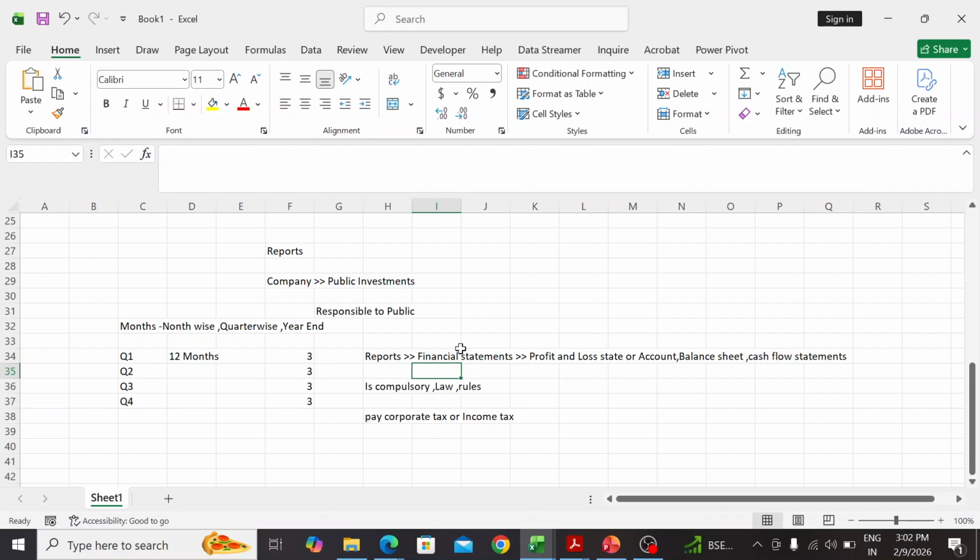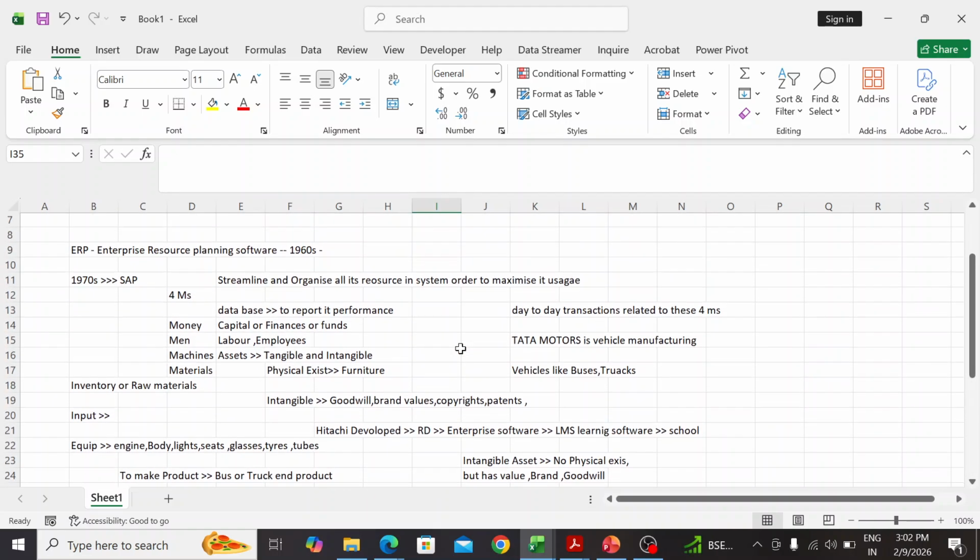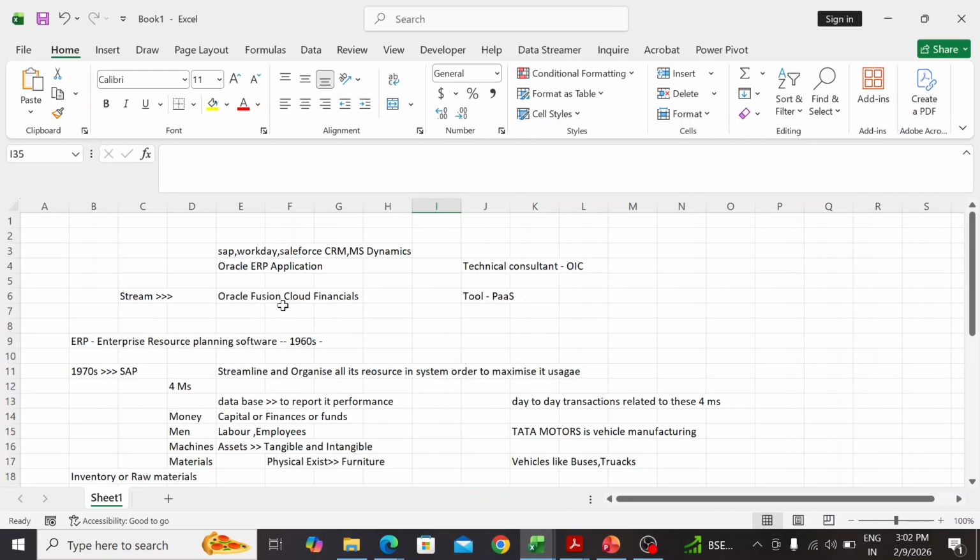So what do we do in these financials? In these financials, we will capture the information in various modules like fixed assets, cash management, accounts receivable, accounts payable, and general ledger. As I said, different modules have different purposes, that I will discuss with you in the later part of the time.